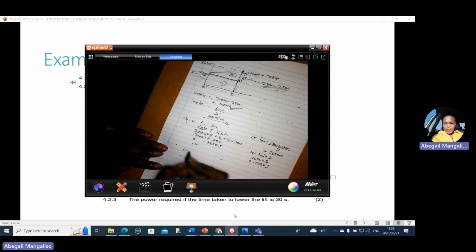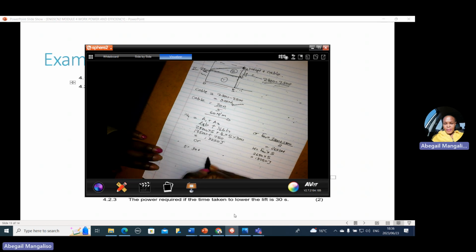The formulas for power: power can be work done over time, or F average multiplied by distance over time, or power can be equal to F multiplied by V, since this is velocity. I'm going to choose the one that uses work done, and then prove it using the one that uses average force.